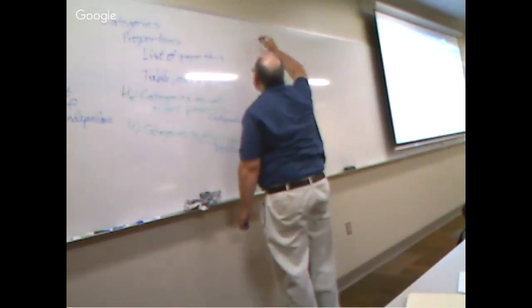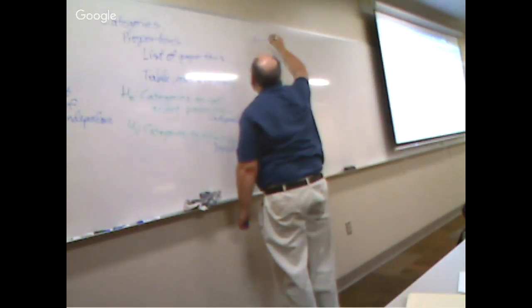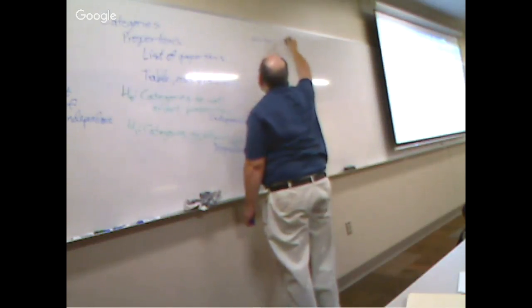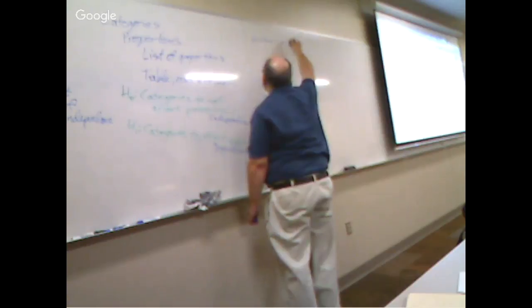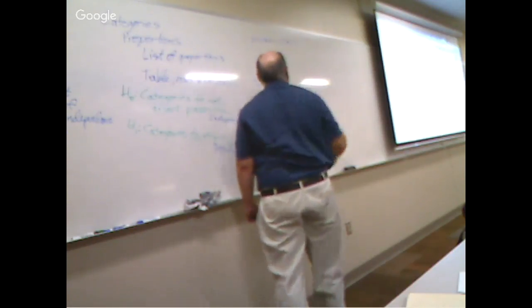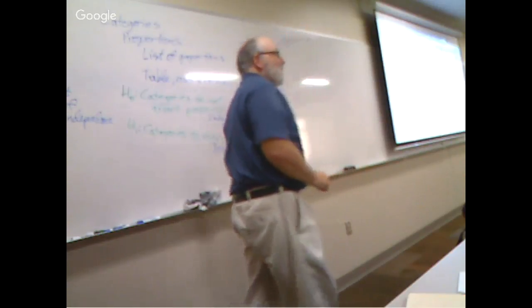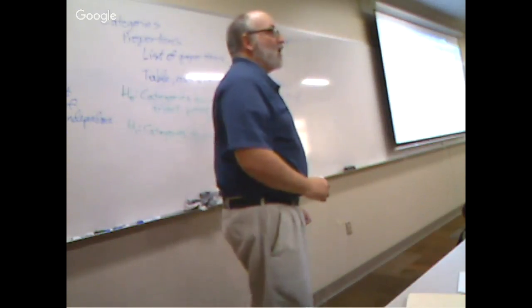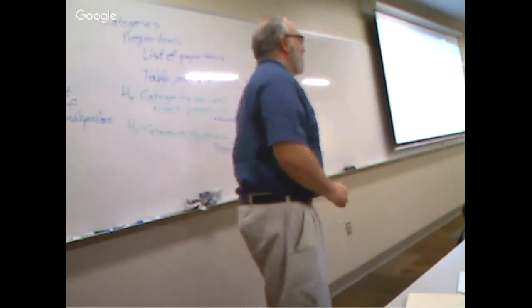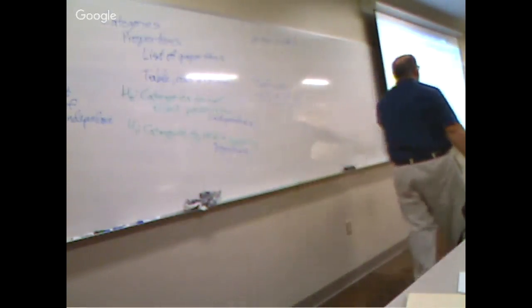Degrees of freedom is the number of rows minus 1 multiplied by the number of columns minus 1. And you have to be aware of what we're talking about here. We're not talking about these total numbers.